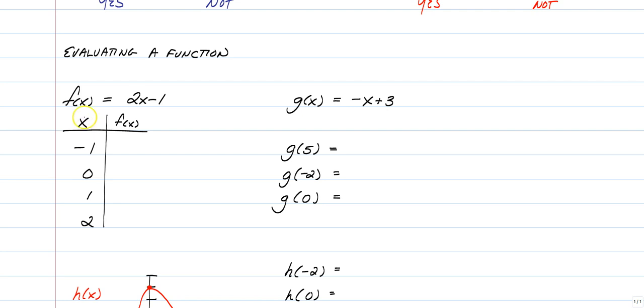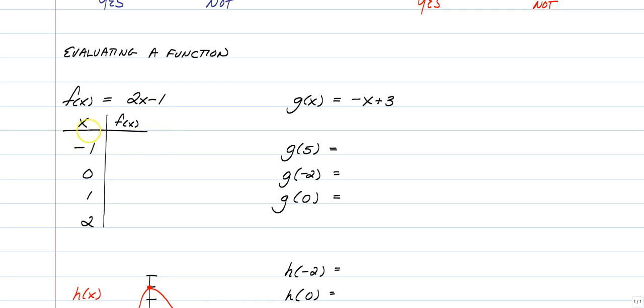So here, we're evaluating using a table. This is telling us that function f is equal to 2x minus 1. When we evaluate a function, we're just substituting the x value, like negative 1, into the function and seeing what we get. You can show your work if it's helpful to you.